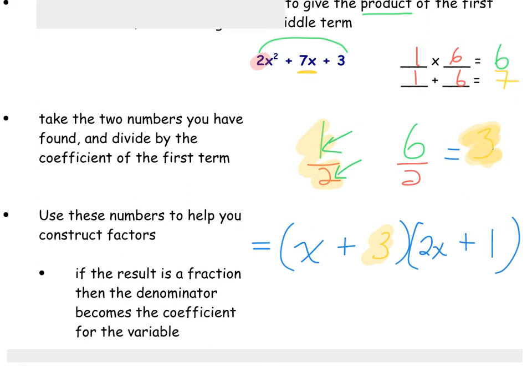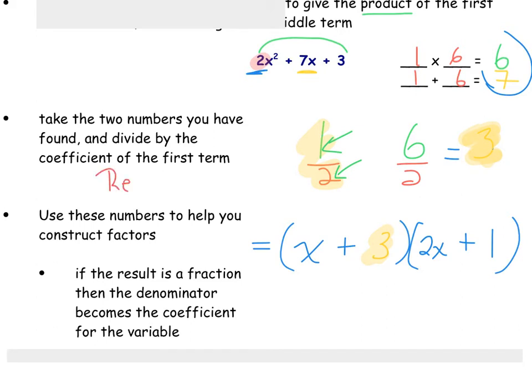Okay? So to revisit this, I'm going to show you both methods when we do our practice examples, right? So again, I find my 2 numbers here. Here are my 2 numbers. I divide by the coefficient of my squared term, and then I use those to form my factors. One thing I do want to add is that you want to reduce any fractions.